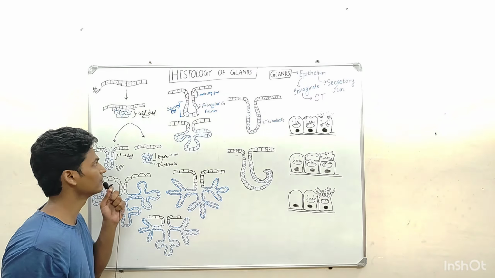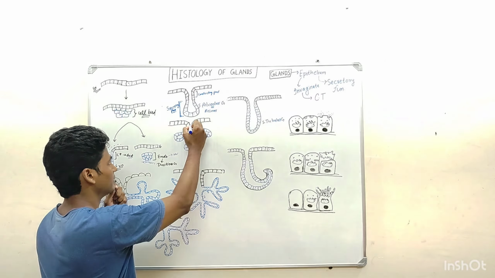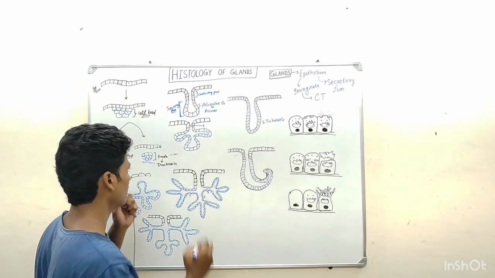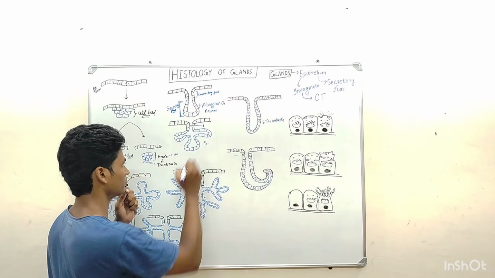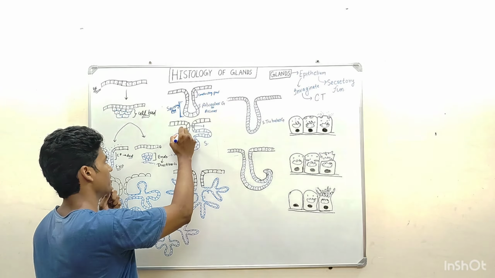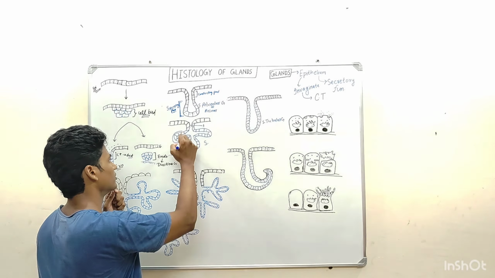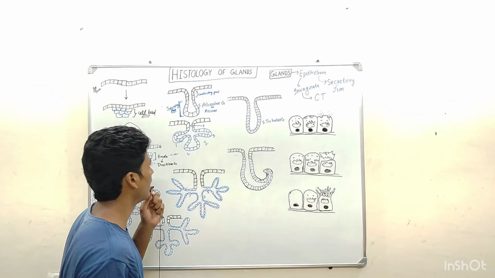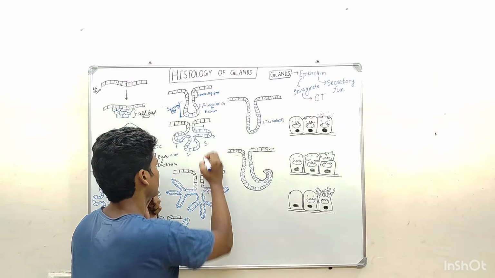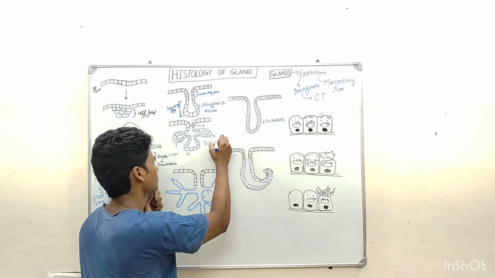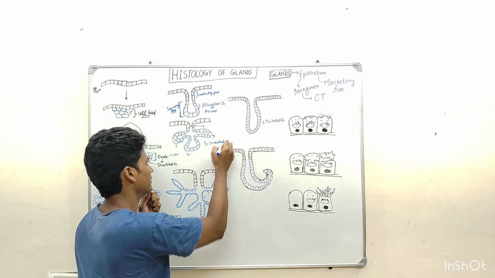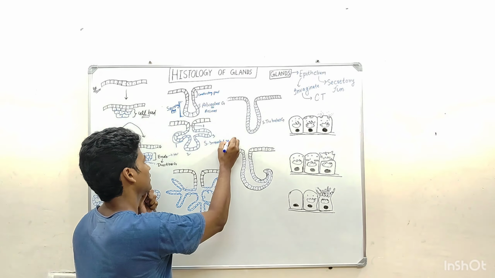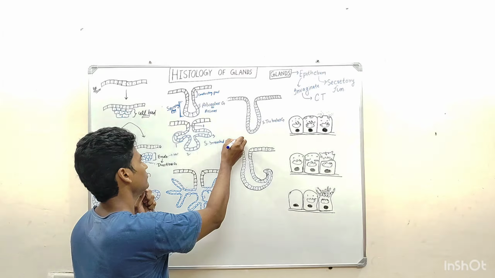And in this picture, as you see, it also has one duct, so it is also a simple gland, but it has many alveoli. You see, it has many alveoli, 1 2 3, and that's why it is like a branch. It looks like a branch, and therefore it is called a simple branched alveolar gland.